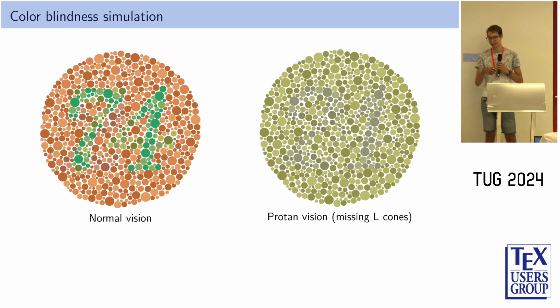But the point is, this is actually the same image, just the right one is a simulation of color blindness. And that makes it obvious that we have to choose a suitable color scheme. In this case, of course, it was on purpose not chosen so it's easily distinguishable. But if we want everyone to read the 74, we have to use different colors.